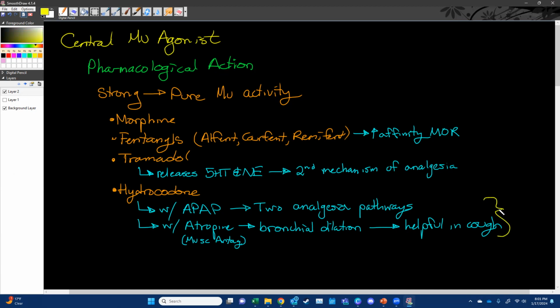The reason why we do this is because either one of these combinations reduces the dose of the opiate. Right? I don't need to give as much hydrocodone if I add another pain pathway through acetaminophen. I don't need as much hydrocodone if I add atropine in order to dilate the airways.